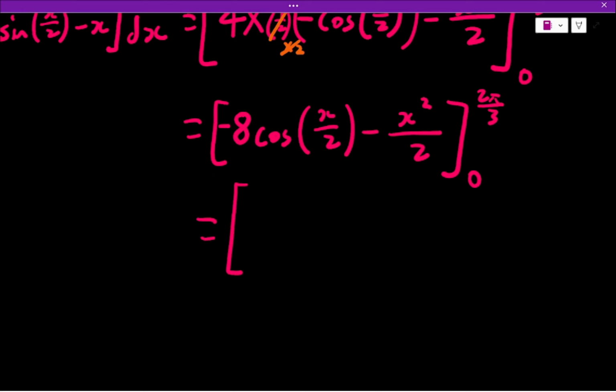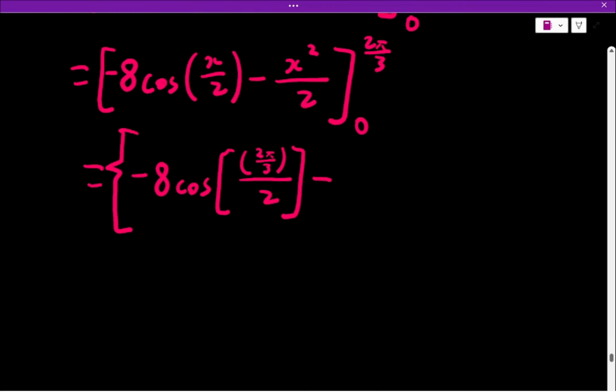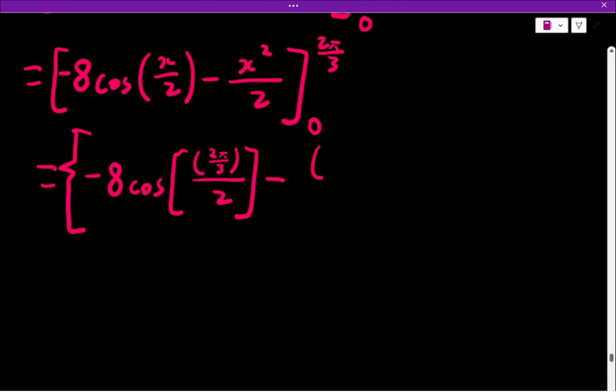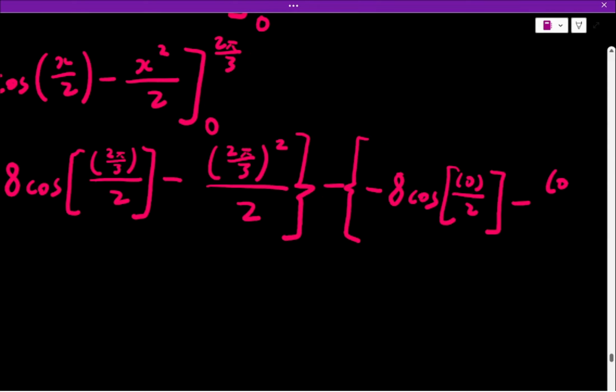We have negative 8 cosine of x, in this case 2 pi over 3, divided by 2, minus 2 pi over 3 squared over 2, minus negative 8 cosine of 0 over 2, minus 0 squared over 2.